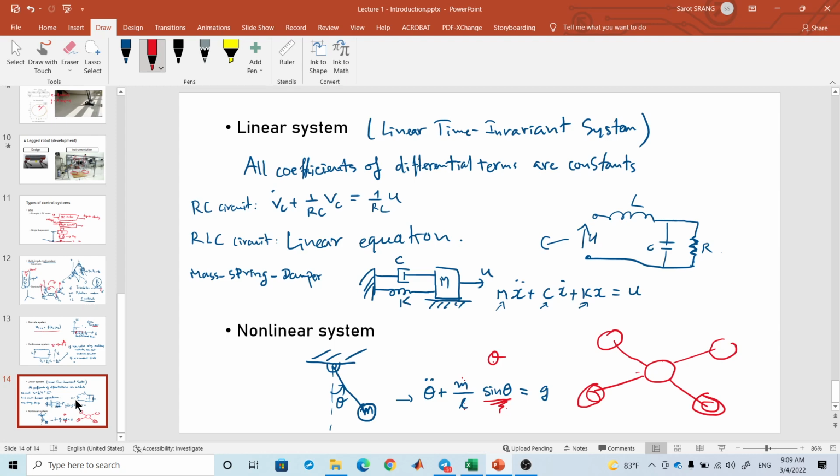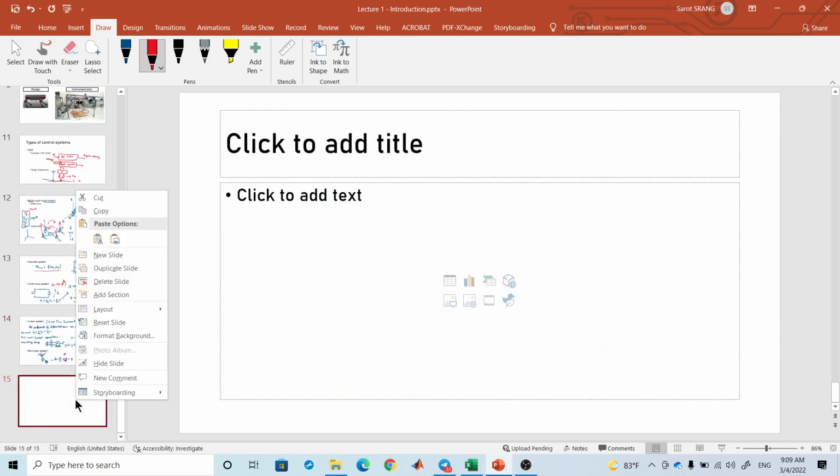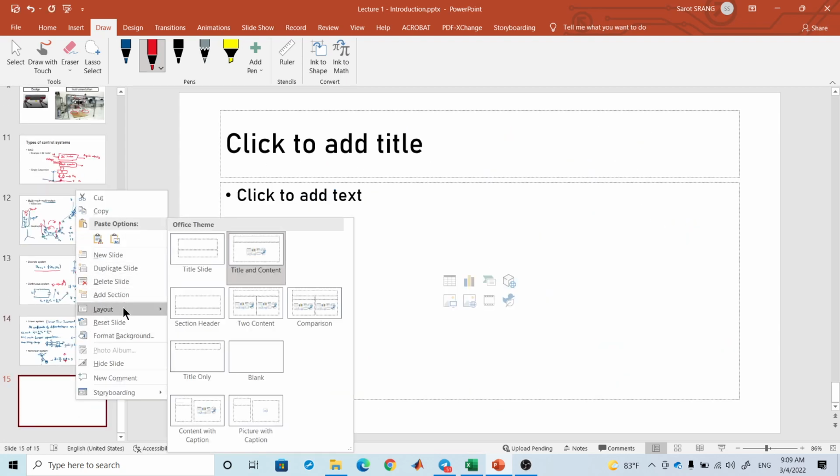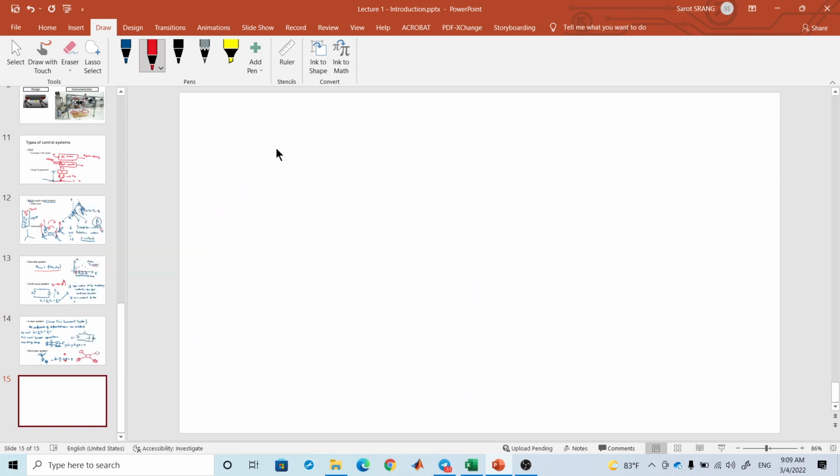My final word for this 1 hour lecture is the direction to the future on control systems. You need to look first at the single input, single output, linear system.